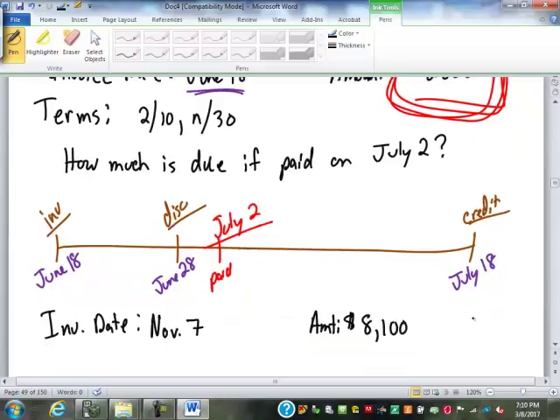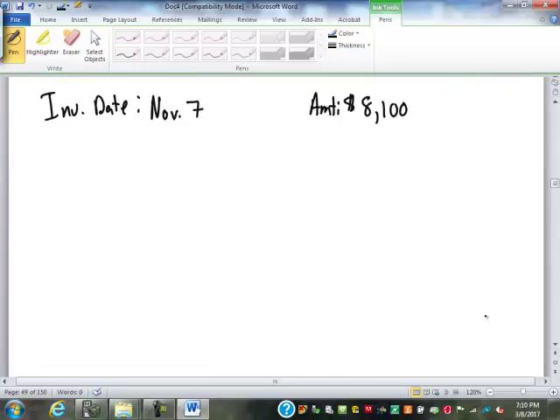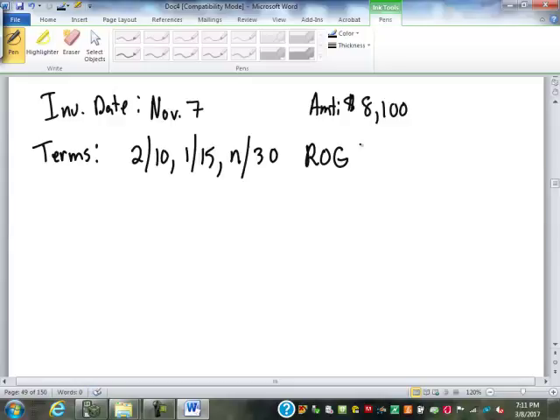Okay, so now we have an invoice date of November 7th. Amount of $8,100. The terms: $2/10, $1/15, net 30 is what that reads.